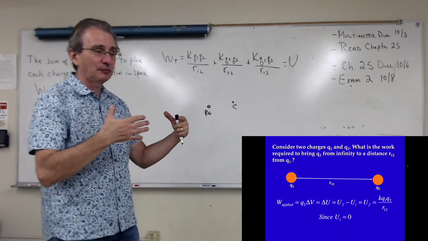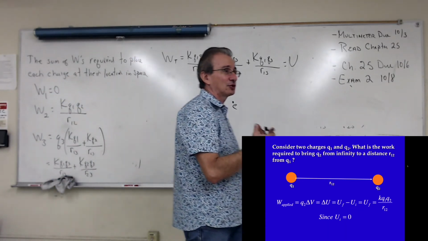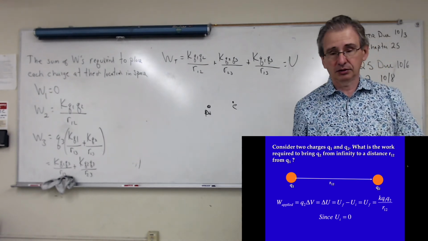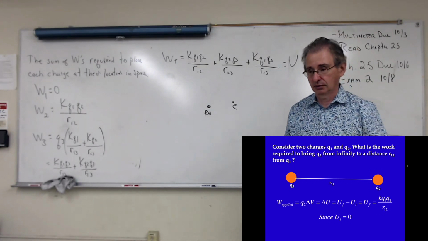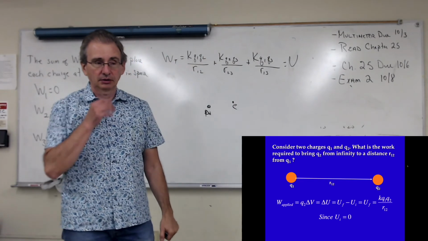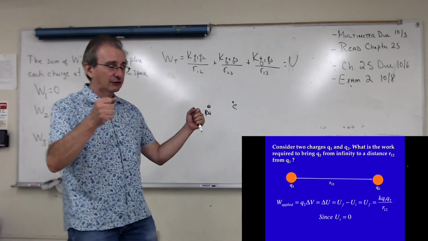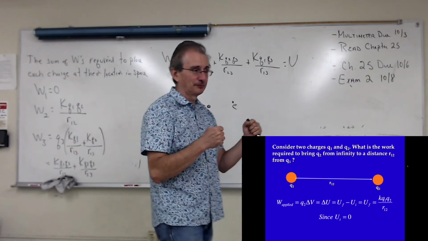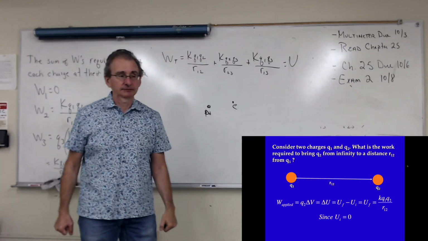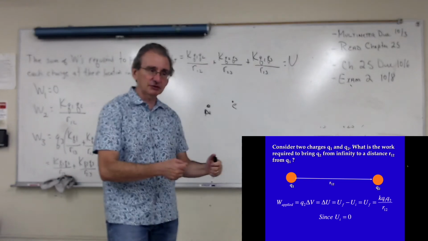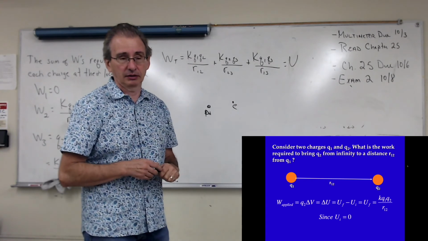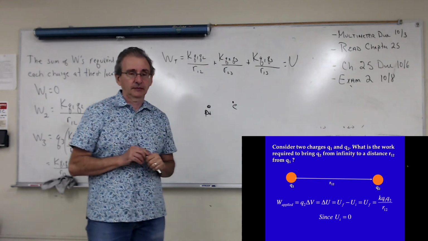So a negative stored energy in the system is indicative of something that's going to want to be stable, or bound, like forming an atom. If I have to do positive work to assemble a system of charges, it's going to want to fly apart. So this idea can be used to study atoms, molecules, stability, among other things.